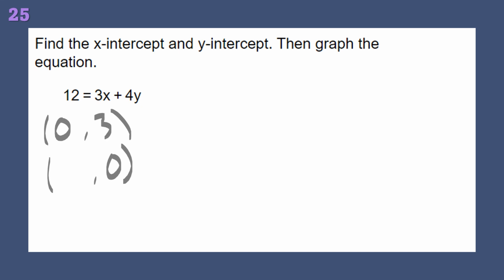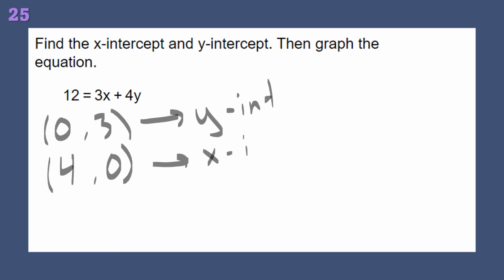If we do the reverse and plug in 0 for y, this part goes away and we have 3x equals 12, so x equals 4. Then all we have to do is graph those and connect the dots. But it is important to pay attention to which one's the x-intercept and which one's the y-intercept. This one is the y-intercept, because it has a y value but its x value is 0. And this one's the x-intercept.